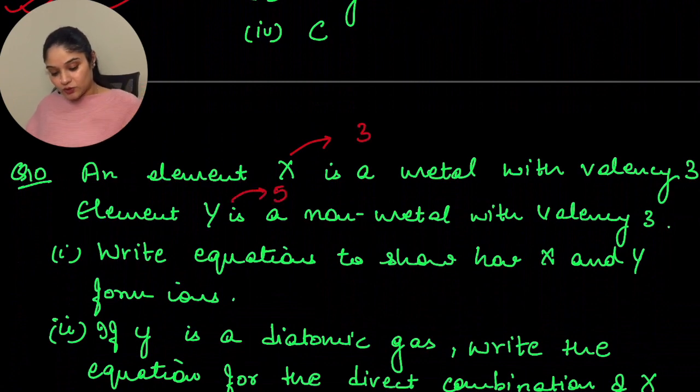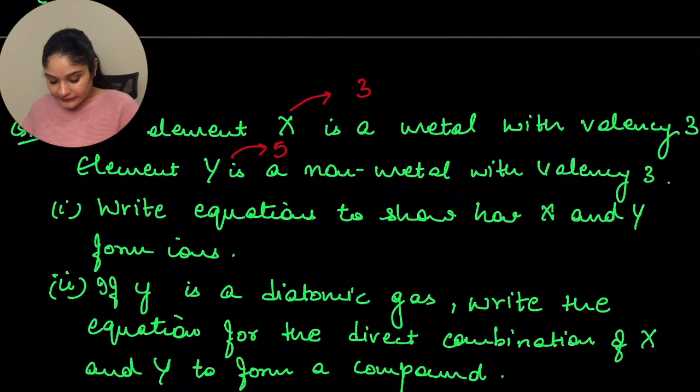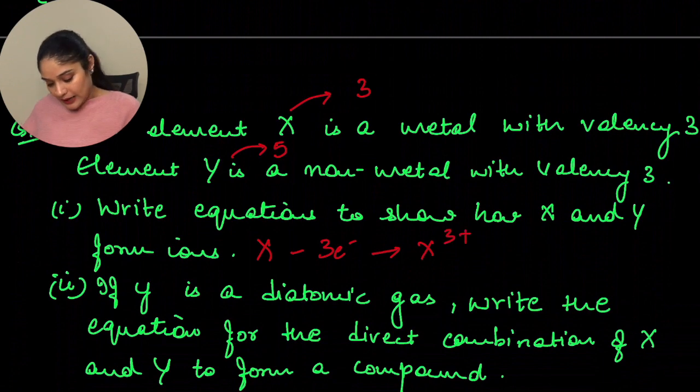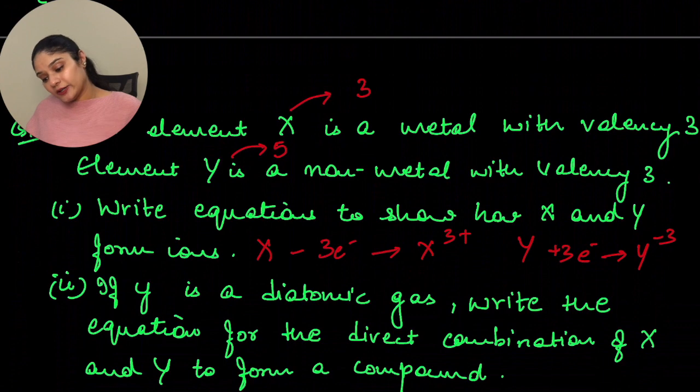Write equations to show how X and Y form ions. So how will that form ions? X will lose electrons. So X minus 3 electrons will give you X3+, and Y will accept 3 electrons. So Y plus 3 electrons will give you Y3-. Now next, if Y is a diatomic gas, write the equation for the direct combination of X and Y to form a compound.